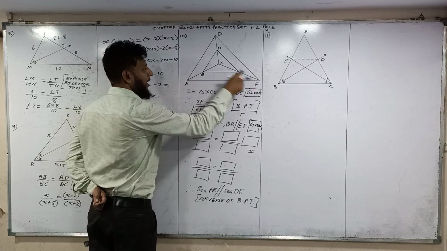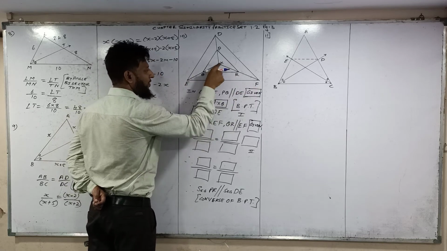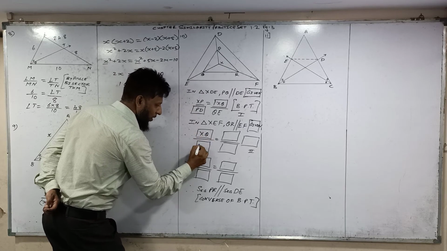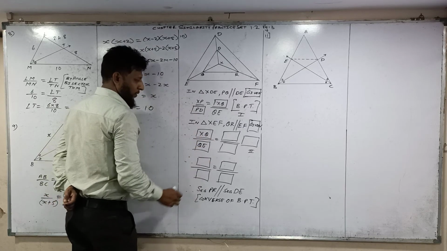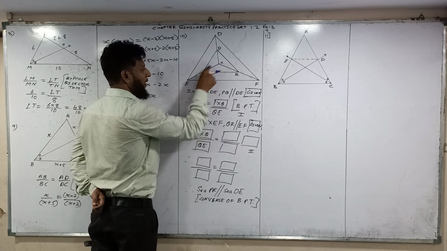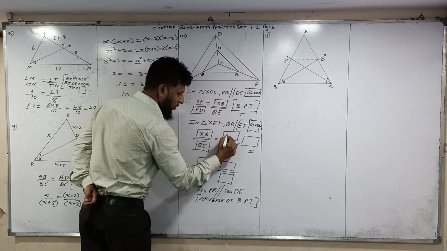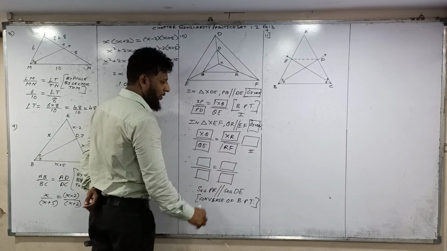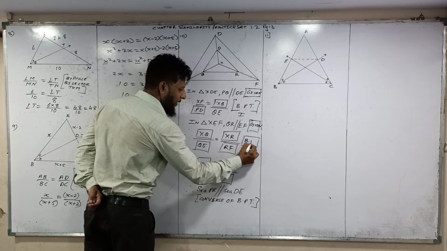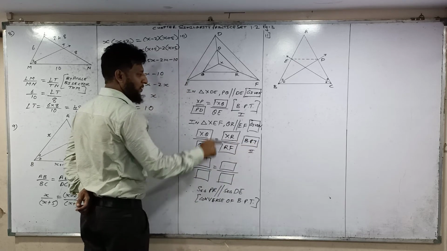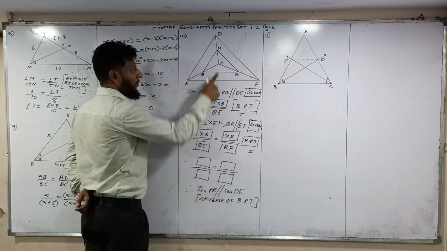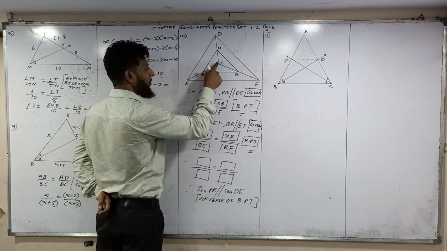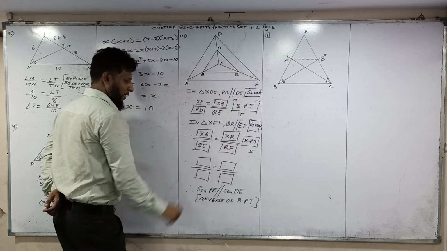In this triangle XEF, QR parallel to EF, therefore XQ upon QE is equal to XR upon RF, by the basic proportionality theorem. So this is 1 and this is 2.